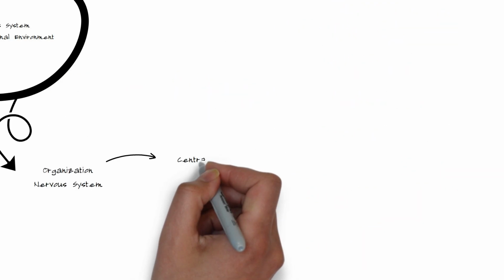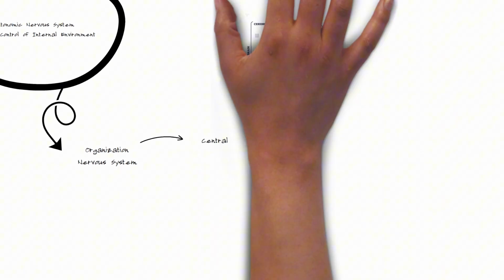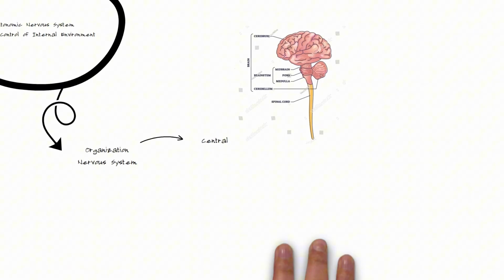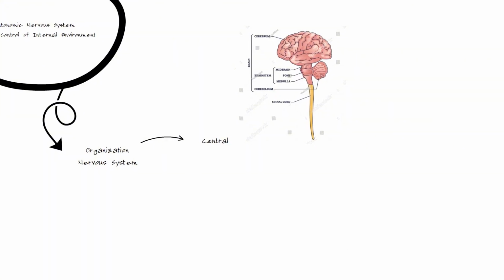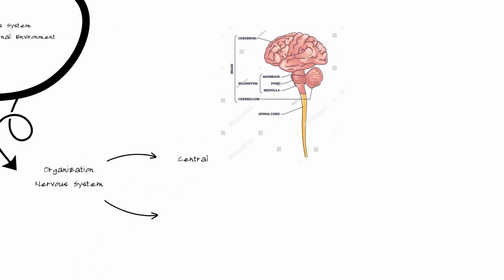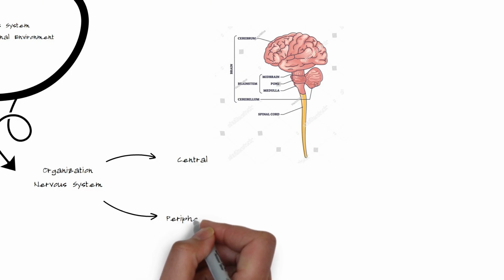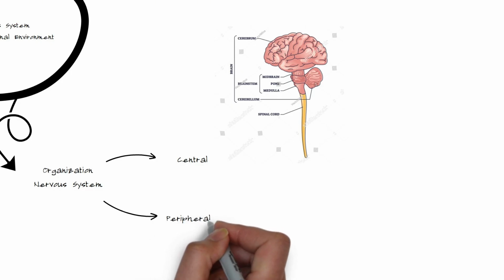And next, we are going to discuss the organization of the nervous system, which is classified into the central nervous system, which includes the brain, the higher thinking center, the brainstem, which controls the vital functions like the breathing and the cardiovascular, the cerebellum, which is responsible for the balance coordination, the thalamus, and the spinal cord.